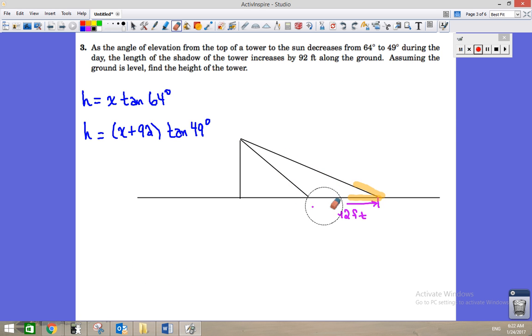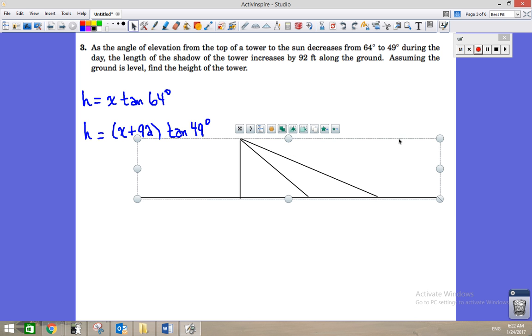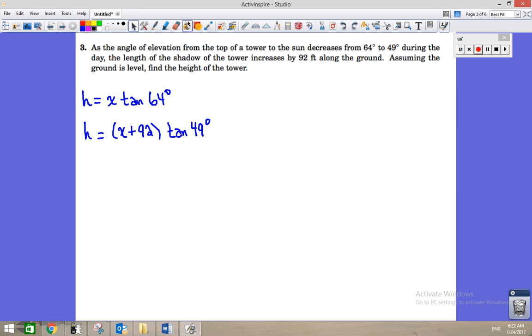Alright, so I'm just going to set these two expressions equal to each other. I have x times the tangent of 64. Let's distribute that tangent of 49 to both terms.